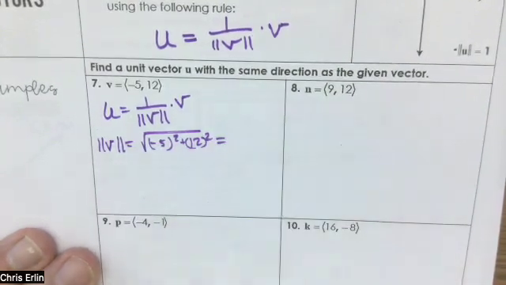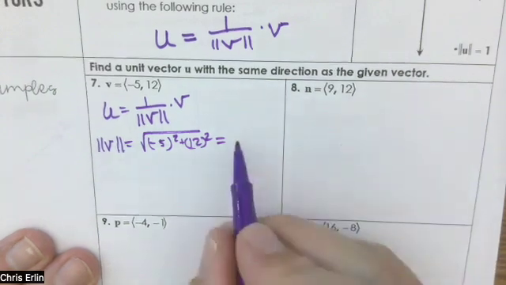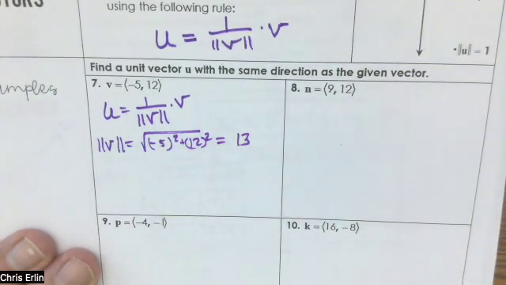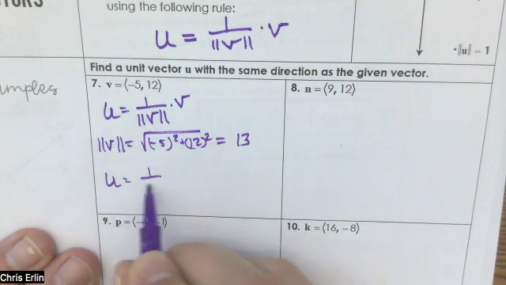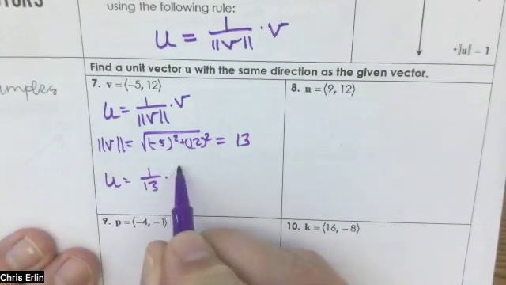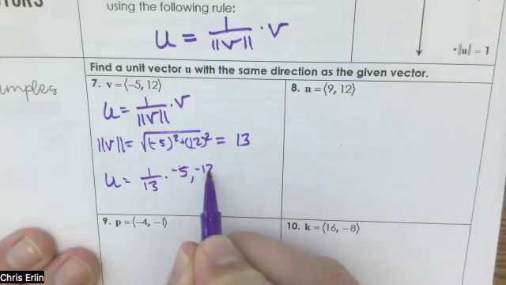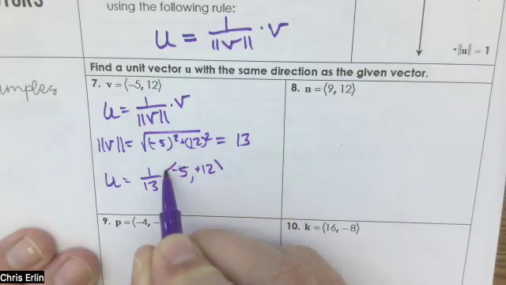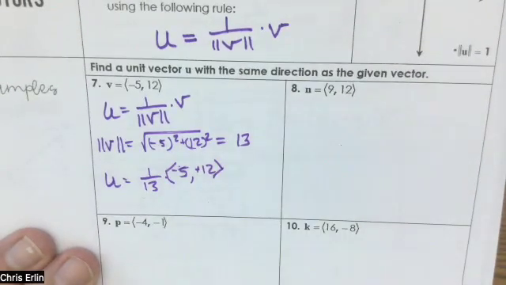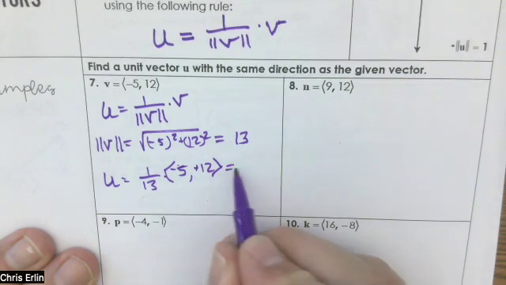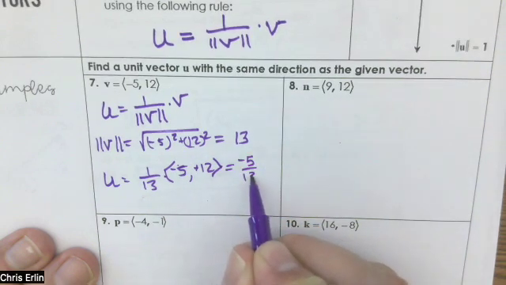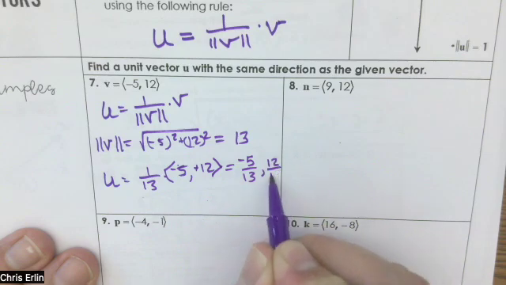Anyone know this one offhand? 13. 13, good. 5, 12, 13 is another one of our Pythagorean triples. So that means that the unit vector will be 1 over 13 times -5, positive 12, sorry. And so it will just be -5/13, 12/13.